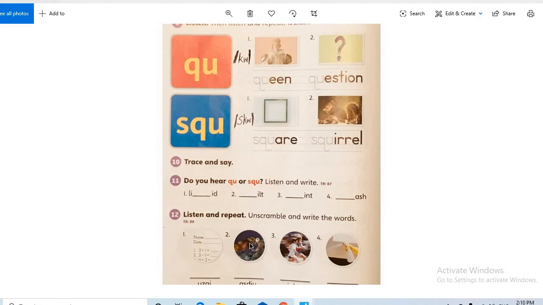The squid. Number 4, the animal that eats nuts is the squirrel. Number 5, a queen is an important woman in this picture. And number 6, the opposite of slow, if you're walking slowly, is quick.